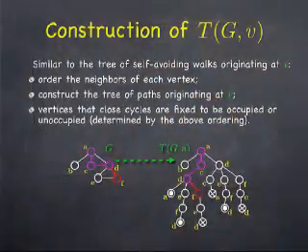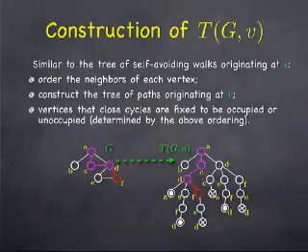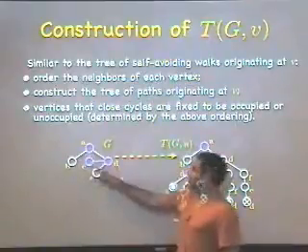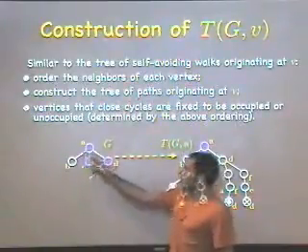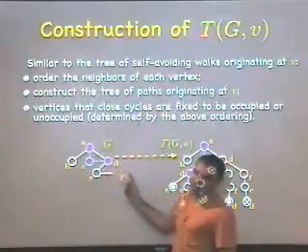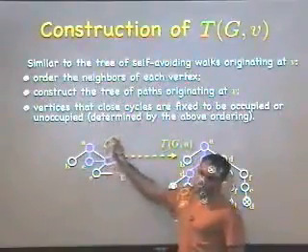What I do is compare the last edge to the first edge. So what I compare is the neighbor that I went to in the first step and the neighbor that I came from in the last step.